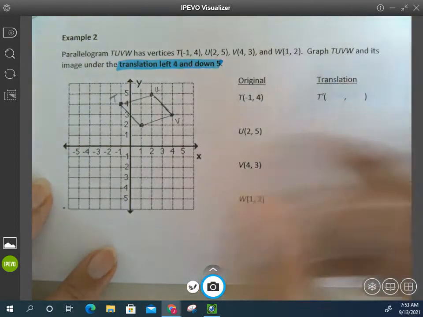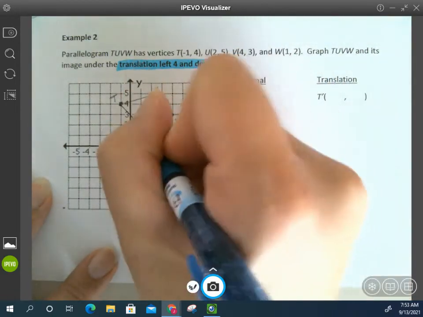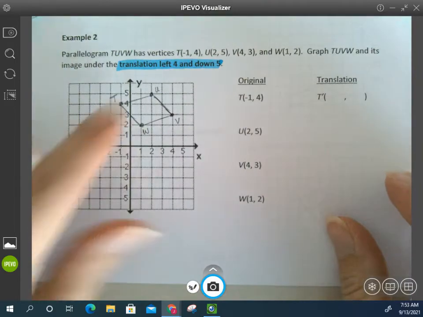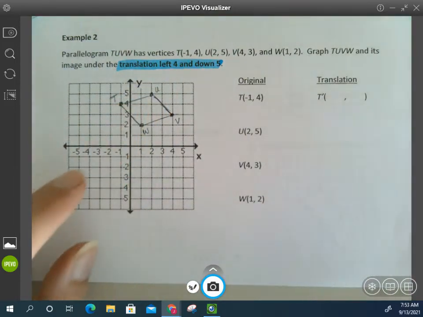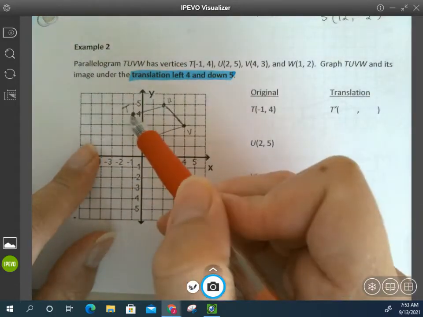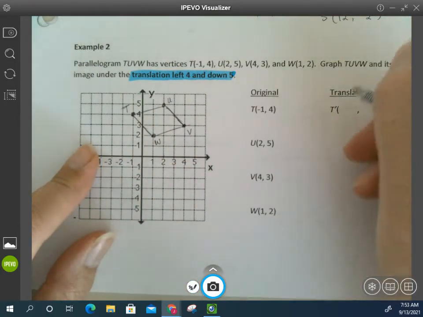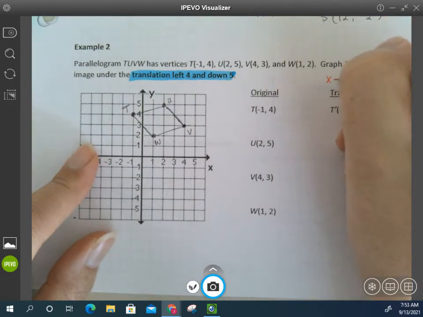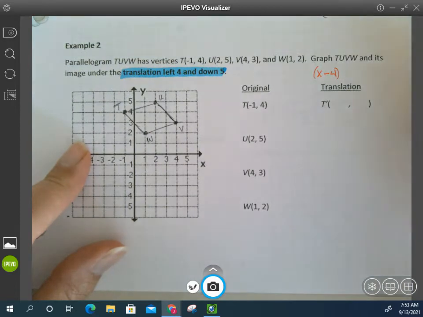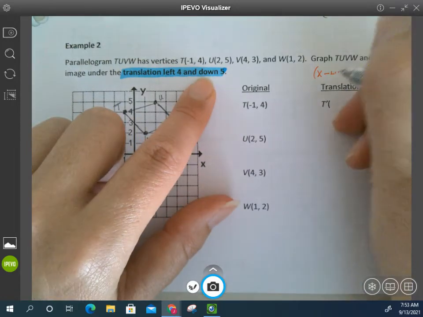All right, so now that we've got our image drawn, it's all labeled, oops, except for W. We are going to go ahead and translate it left. Now, if I'm at this T and I am translating it left 4, that means I'm taking away. I'm going negative. So it would be whatever my X is, take away 4. And then whatever my Y is, I'm moving down 5, so I'm also taking away.